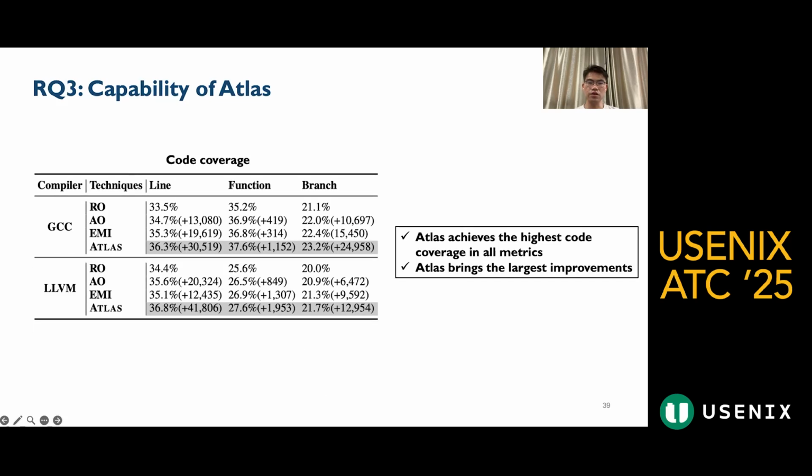Finally, we looked at code coverage to showcase the capability of Atlas. Under a variety of metrics, Atlas consistently achieved the highest coverage, and the increase in coverage over other methods was the most significant.